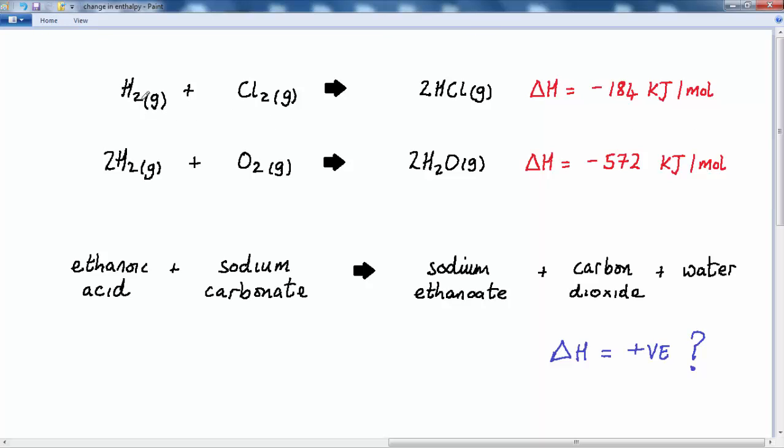For example, the reaction of hydrogen with chlorine to produce hydrogen chloride gas, and the reaction of hydrogen with oxygen to produce water in the vapor state. And as you can see straight away, what's going on in these reactions is that energy is being released. We can see that straight away because the delta H is negative. And in the case of the reaction with hydrogen and oxygen, the same, delta H is negative.